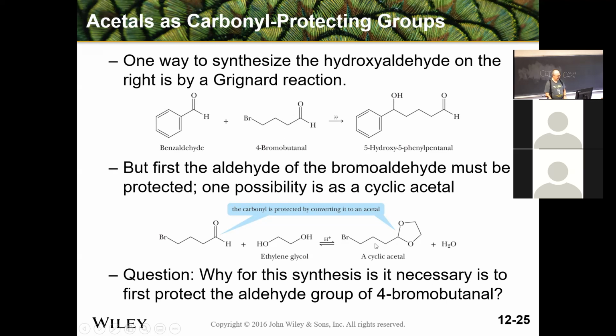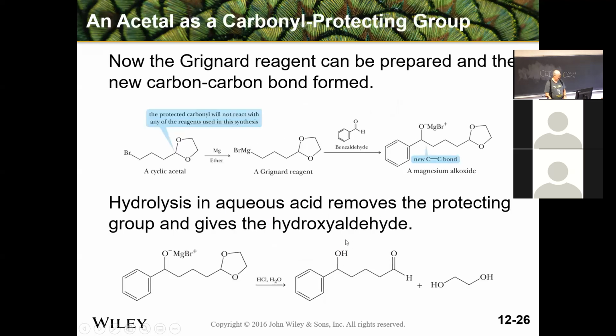Okay, but if we make the cyclic acetal first, then make the Grignard, okay, then this works. And then once the addition is complete, we use dilute acid to remove the acetal, and we can make the desired compound.